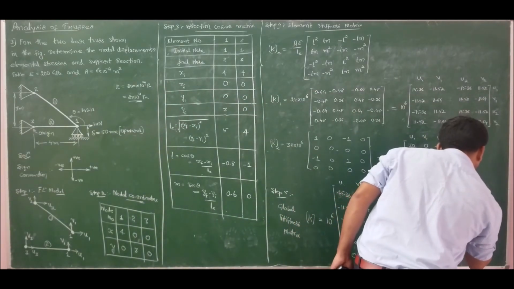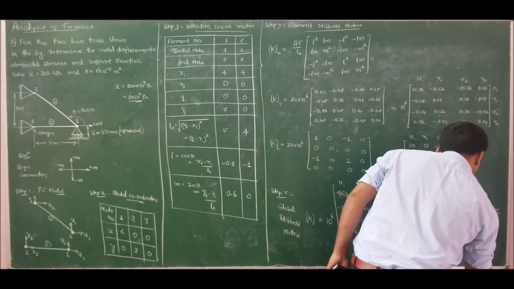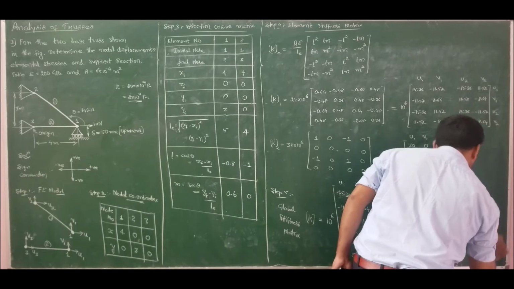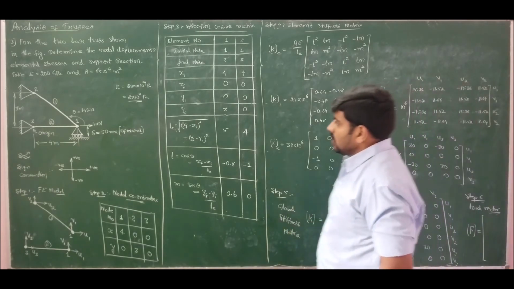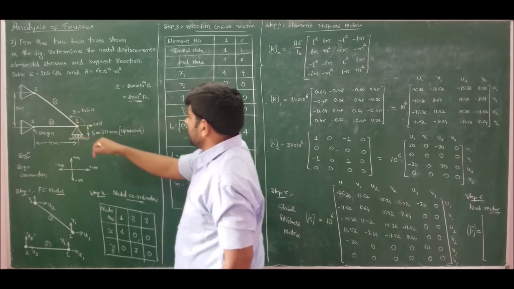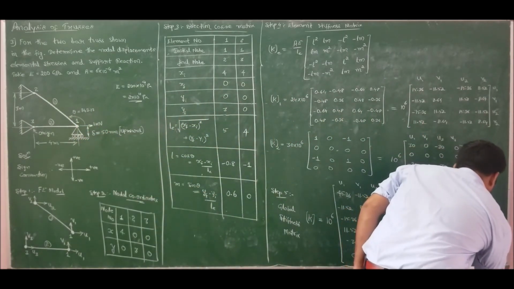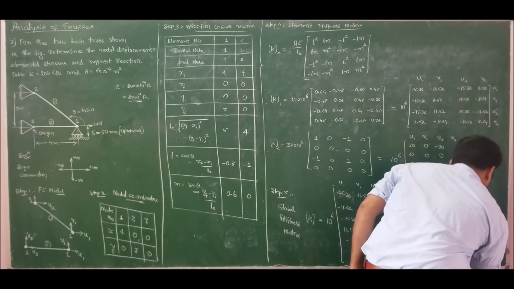If I go for step 6, load vector. So if I write the load vectors at node number 1, along x direction we have 1 kilonewton, along y direction we don't have any load, therefore it is 1 into 10 to the power of 3, 0.